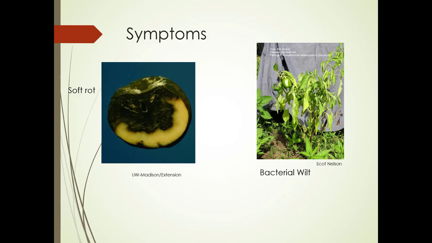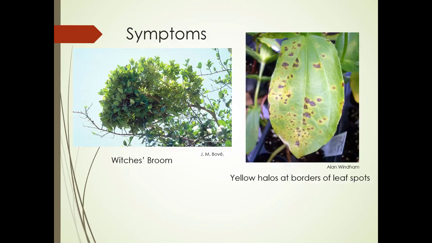And the way you're going to know that this is a bacterial disease is it's going to have a horrible odor to it. On the right, we've got a bell pepper with bacterial wilt. You'll also see this on potatoes and tomatoes. Sometimes you'll see this witch's broom appearance on trees that have bacterial disease.